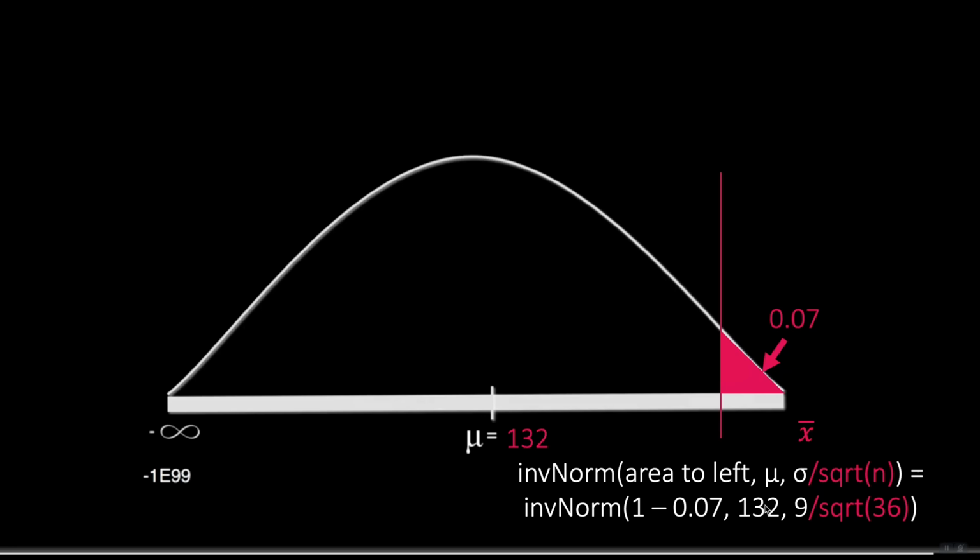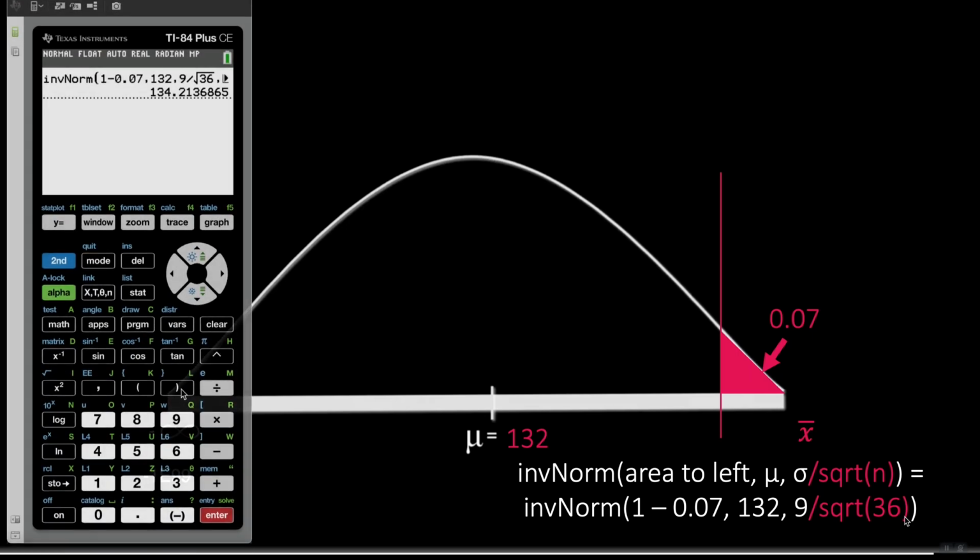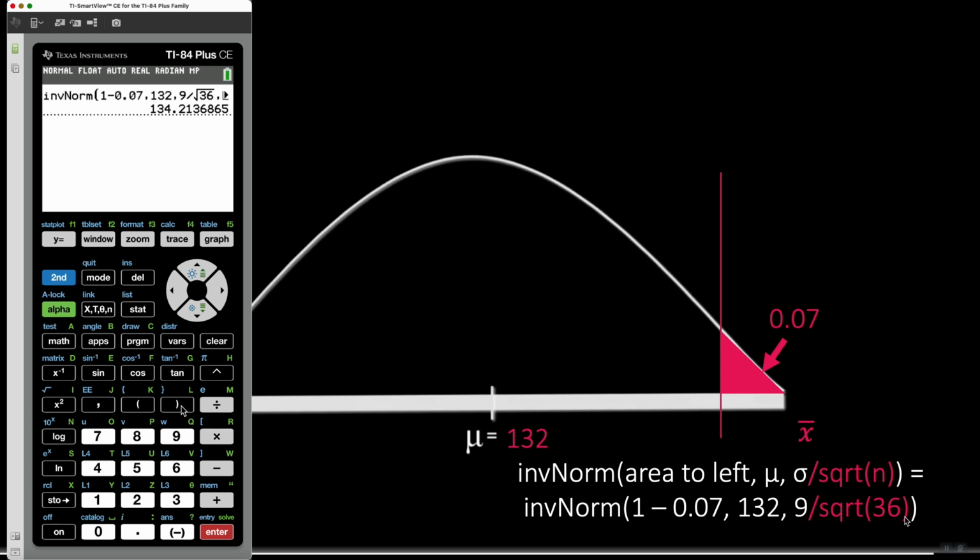And then the mean is 132, and our standard deviation, we were told on the problem, was 9, and of course we have to divide that by the square root of 36. And when we do all of that and we round, it asks us to round the x bar number to the nearest whole number, then we'll get 134.